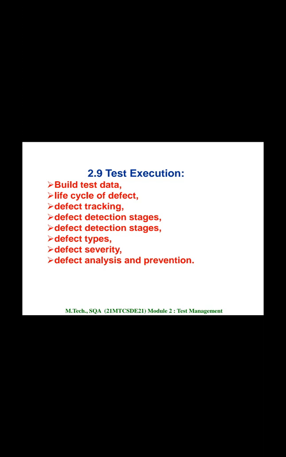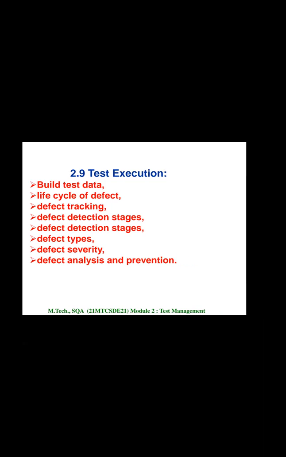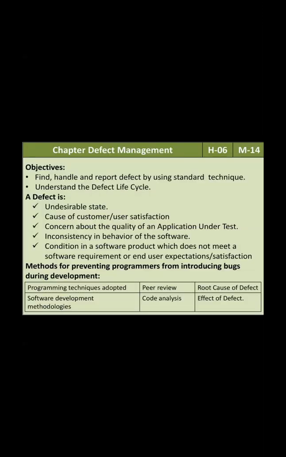Defect detection has a life cycle as well as stages, and we have a number of defect types, and the severity of the defect needs to be identified, and we need to perform defect analysis and the preventive process. They are all simple and basic, like theoretical aspects.